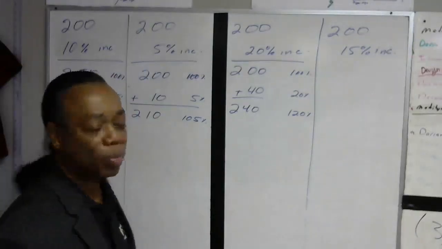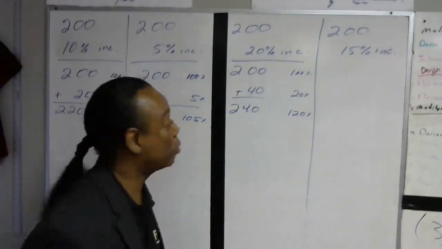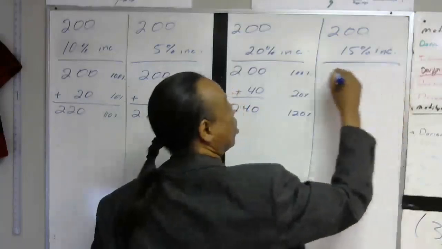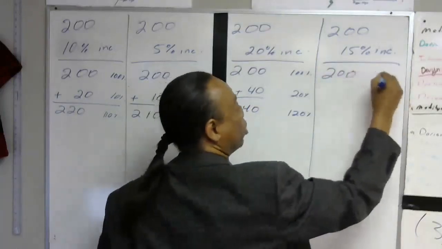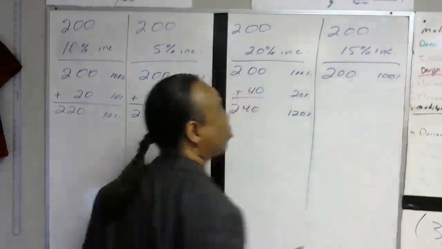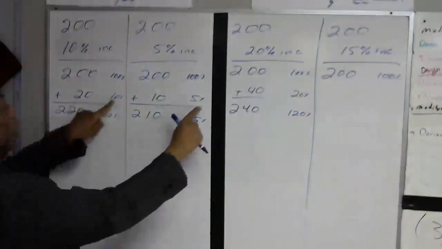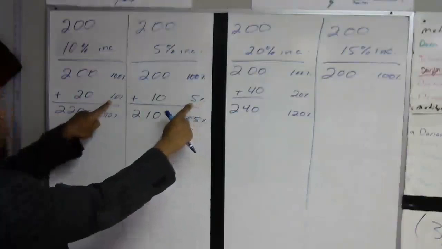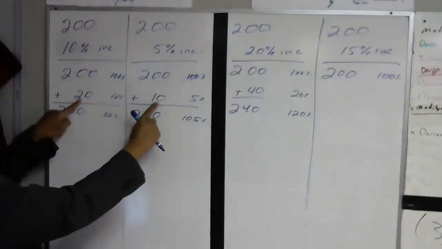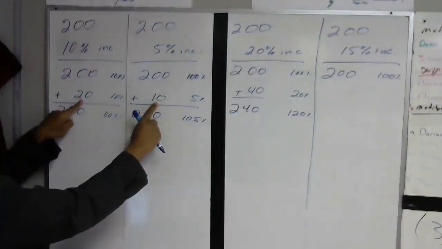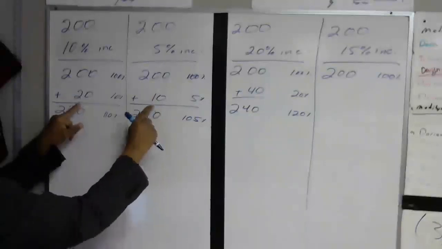Next, 15% increase. 200 represents 100%. To get 15%, we look at the 10% and the 5%, which is 20 and 10. We add these two and we get 30. 30 represents the 15%.